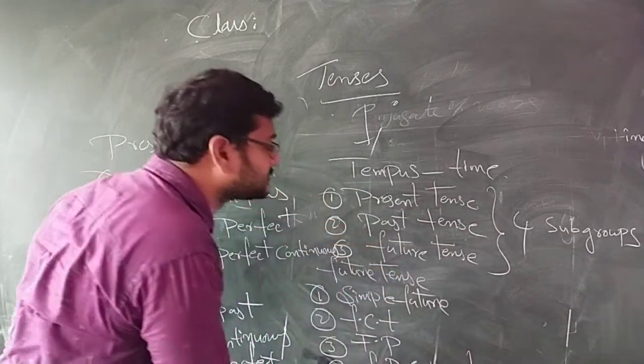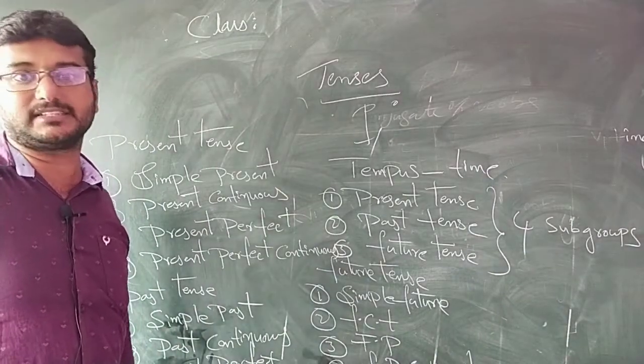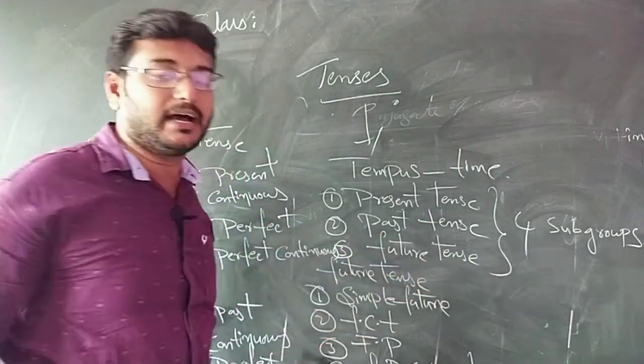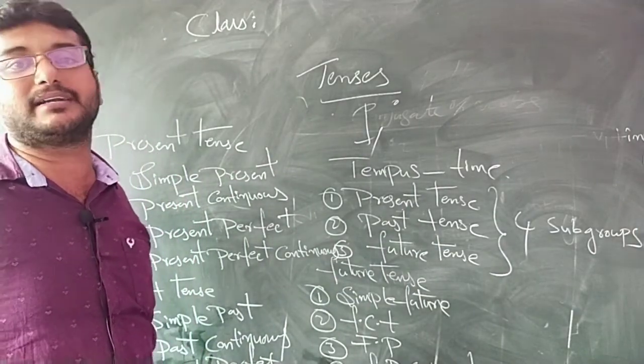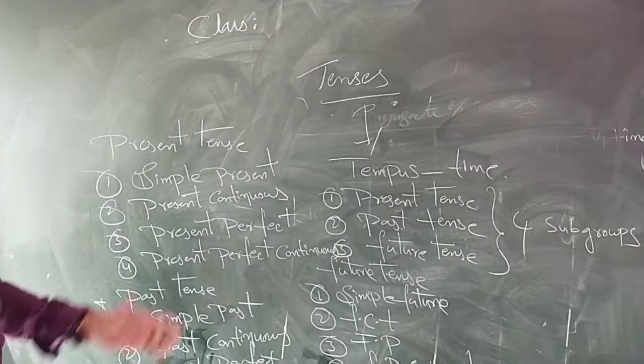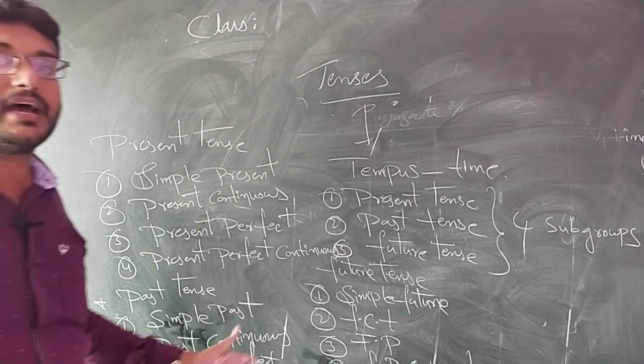These are the 12 tenses that we discussed so far. The main tenses are only 3: present, past and future. Again these 3 tenses are divided into four subgroups. It means in the present 4, past 4 and in future 4.